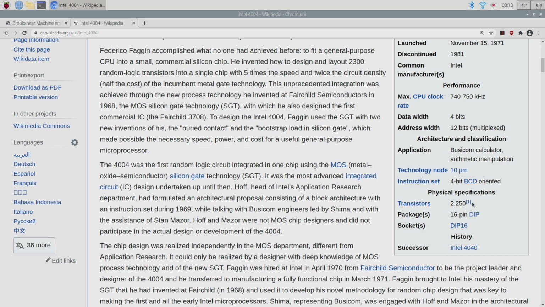Now, to put this in perspective, how many transistors are there in modern processors? Did anybody watch a couple weeks ago when Apple talked about their new M1 Pro and M1 Max chips? And of course Intel just released new stuff last week.